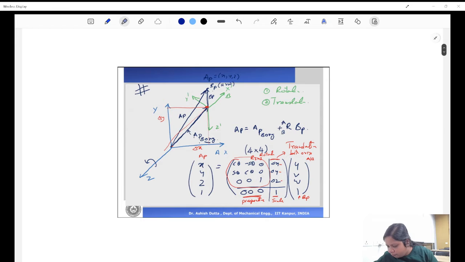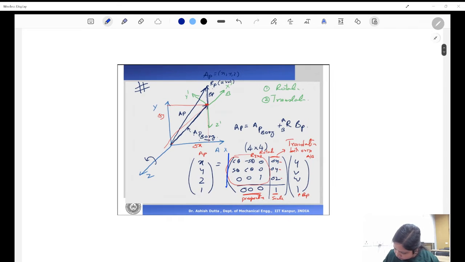Okay, so if you have, apart from rotation, some translation also, then what are we going to get? The first thing we have is this rotation matrix. This part deals with the rotation.